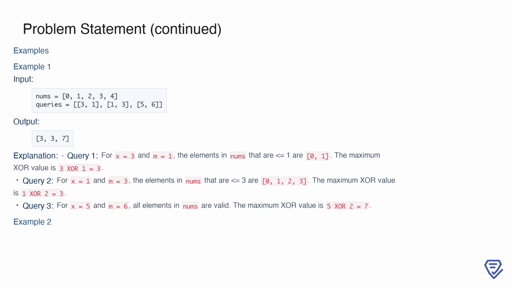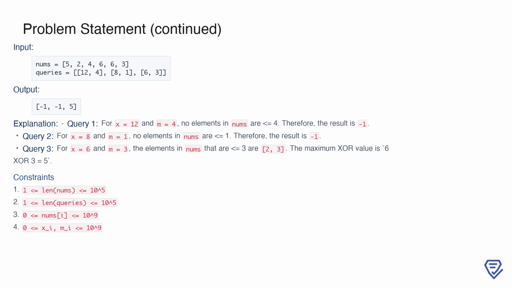For the second query, with x equals 1 and m equals 3, the valid numbers in nums are 0, 1, 2, 3. The maximum XOR value here is 1 XOR 2, which also equals 3. Finally, for the third query, x equals 5 and m equals 6. All elements in nums are valid since they are less than or equal to 6, and the maximum XOR value is 5 XOR 2, which equals 7.